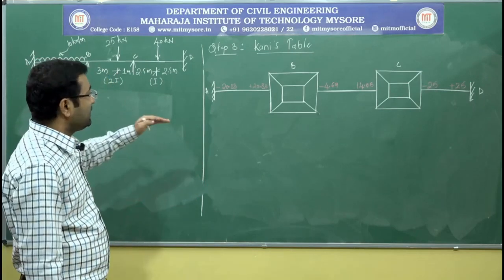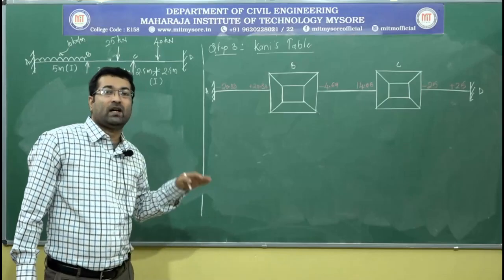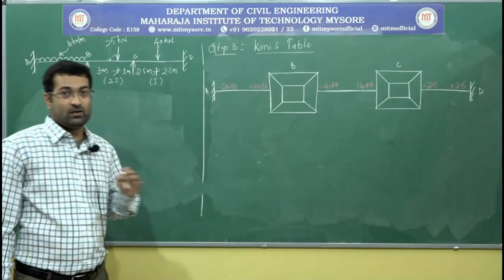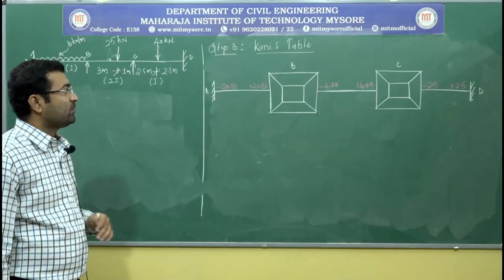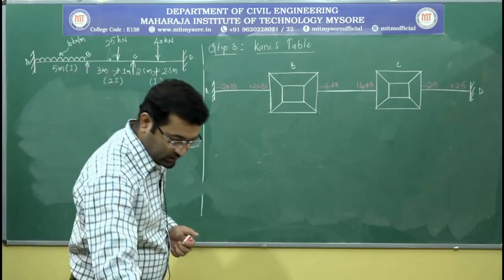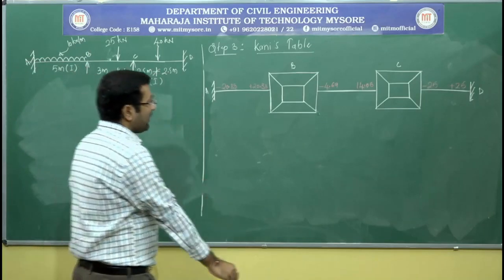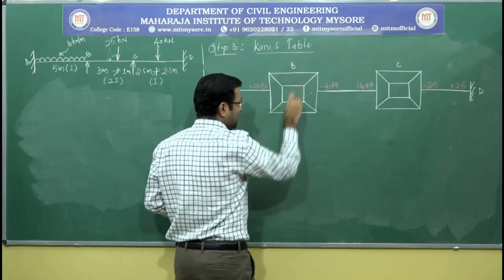Now, the next thing, in step number 2, we have calculated the rotation factors, that is U. We have to represent the rotation factors here in the sides, in these boxes.